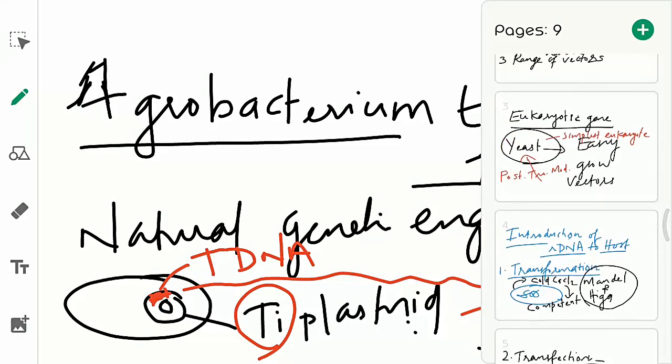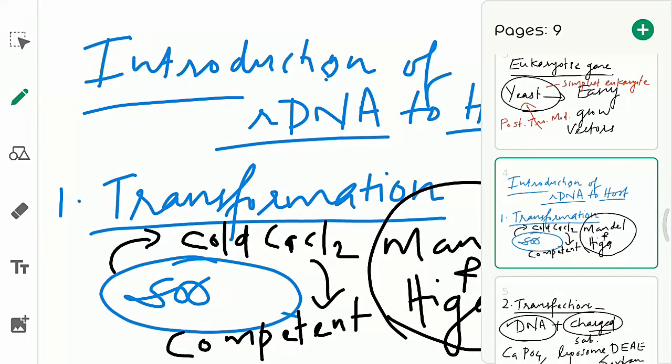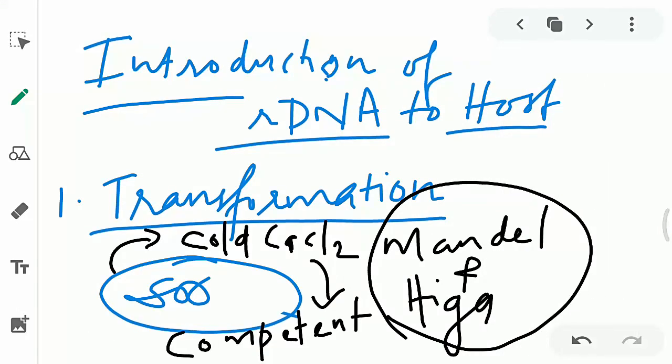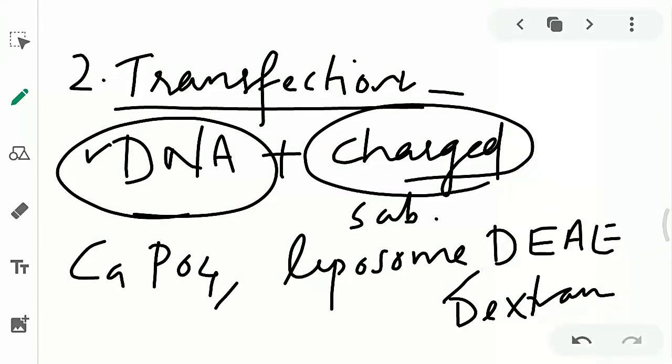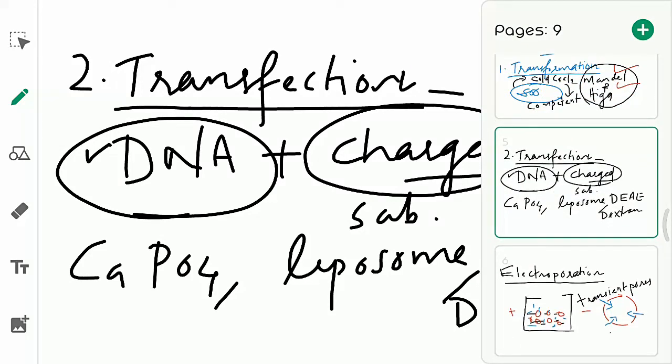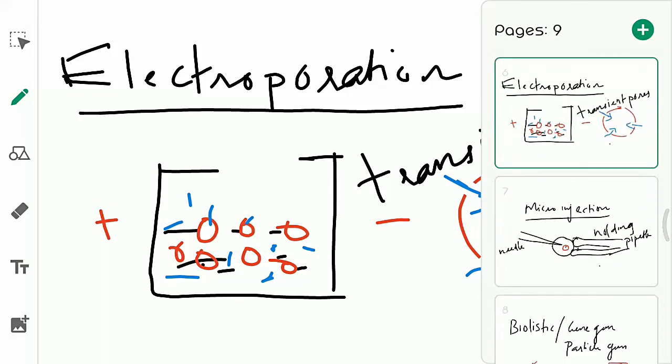Once again we'll see. The first one is transformation, which is normally used for bacterial cells. Remember Mendel and Higa's technique. The second one is transfection, mixing with some other charged substances. This is generally done for eukaryotic cells. Electroporation is a method where a mild electric shock is given and then the rDNA is transferred.